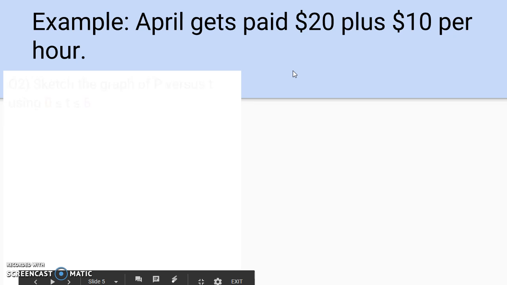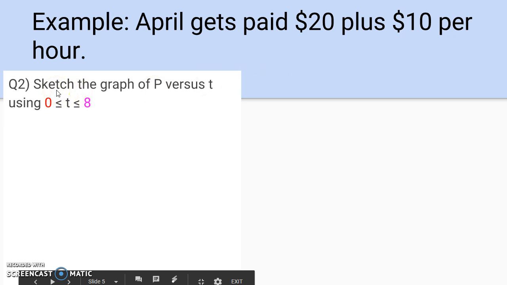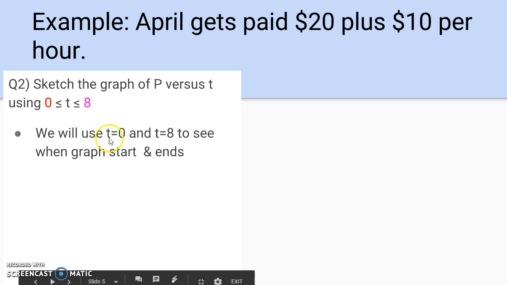Let's have another question. It's going to ask us to sketch the graph of P versus T using 0 ≤ T ≤ 8. It's just saying the number of hours is between 0 and 8, so T is greater than or equal to 0 and T is less than or equal to 8. What we need to do first is use our endpoints, T equals 0 and T equals 8.